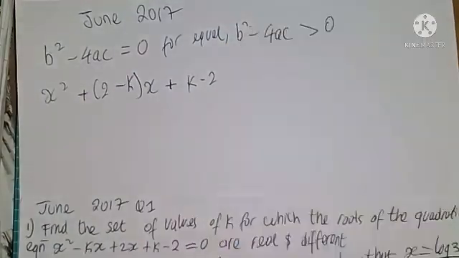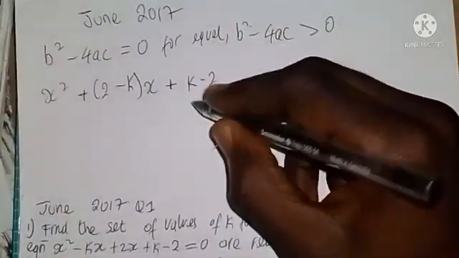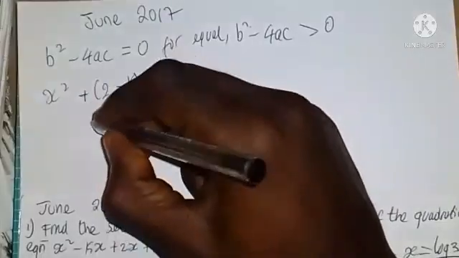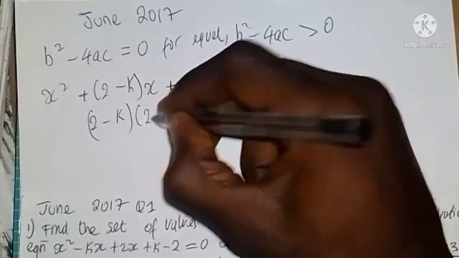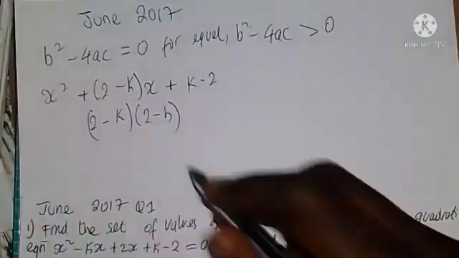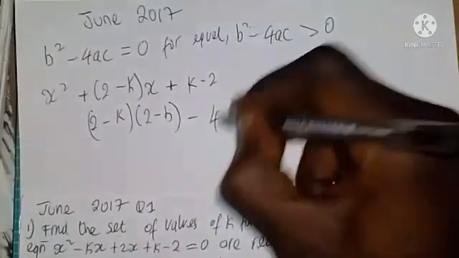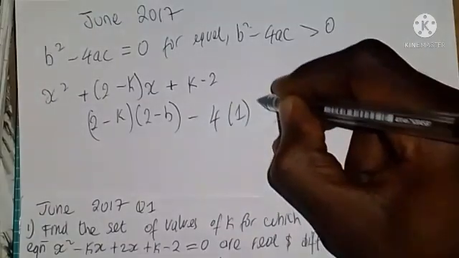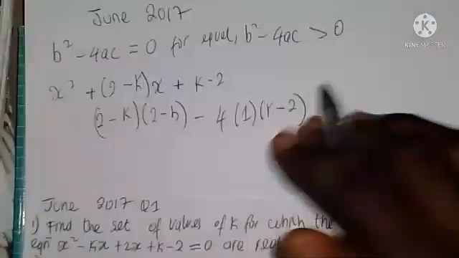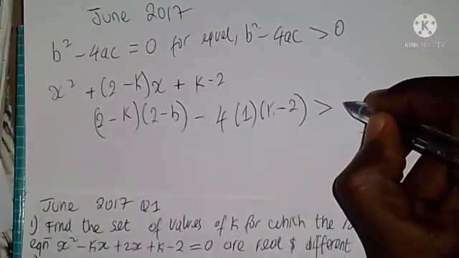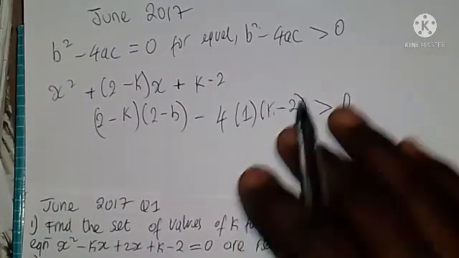Okay, so this is the equation that we have rearranged here. Now if we take the discriminant, we're going to have 2 minus k into 2 minus k, which is the b squared, minus 4 into 1 into k minus 2. And do not forget, this has to be greater than 0.